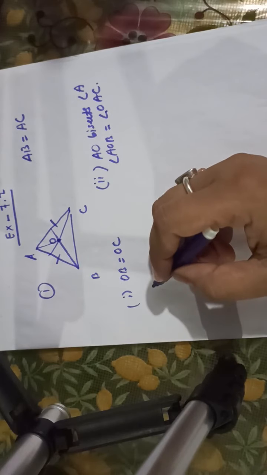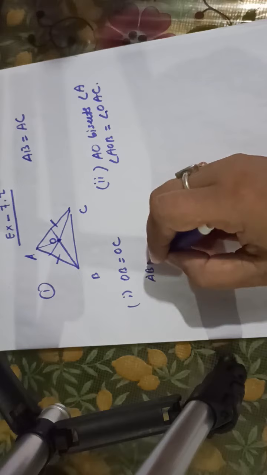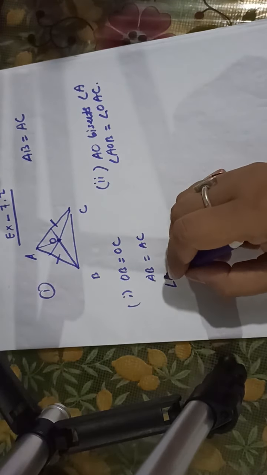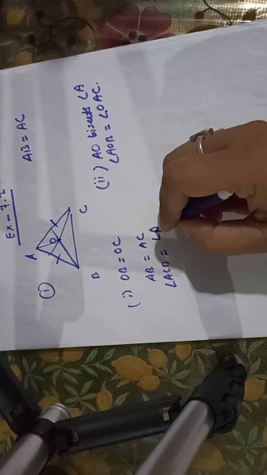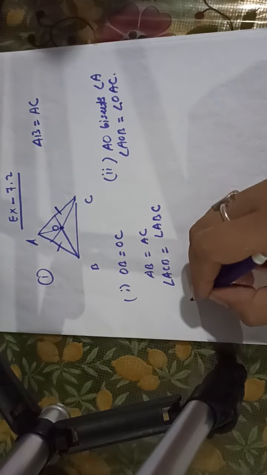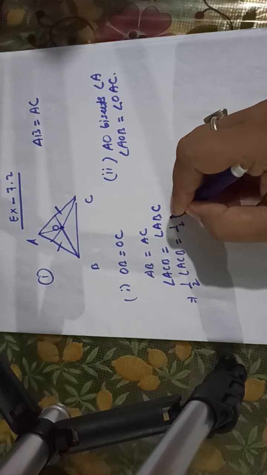First, since we know that side AB is equal to AC, the angles opposite are equal, that means angle ACB is equal to angle ABC. I have already discussed this as a property of isosceles triangle: angles opposite to the equal sides are equal. Then I am halving both sides.